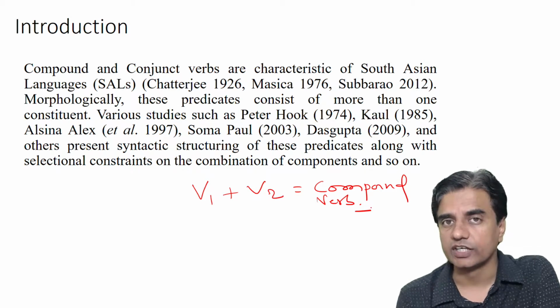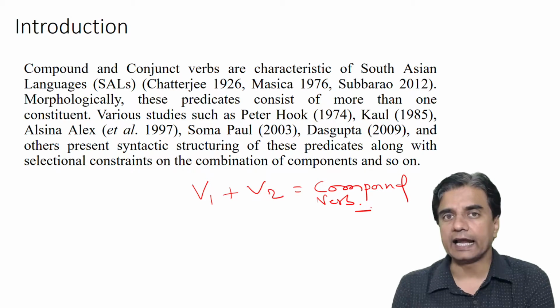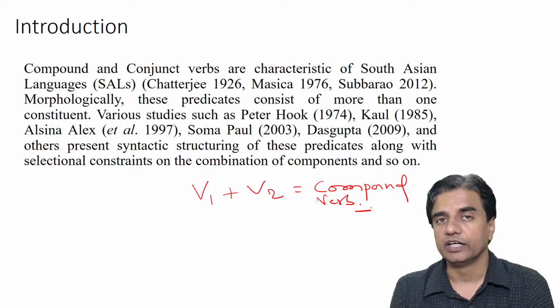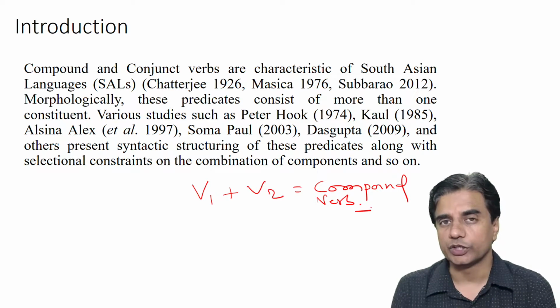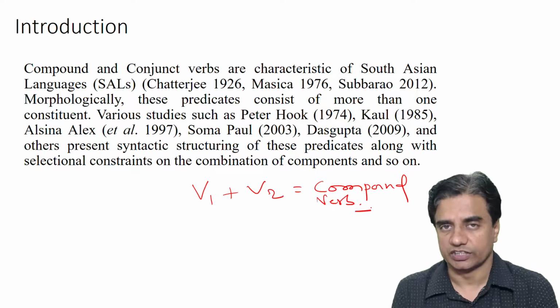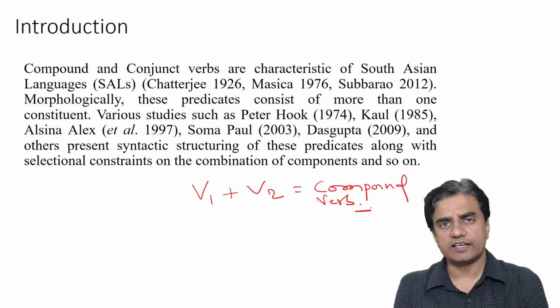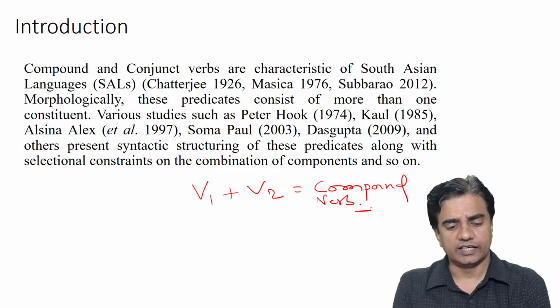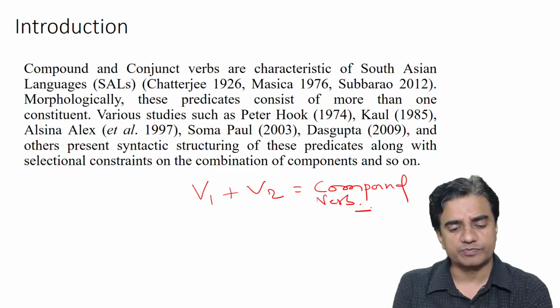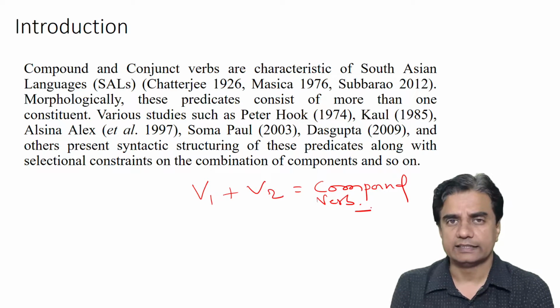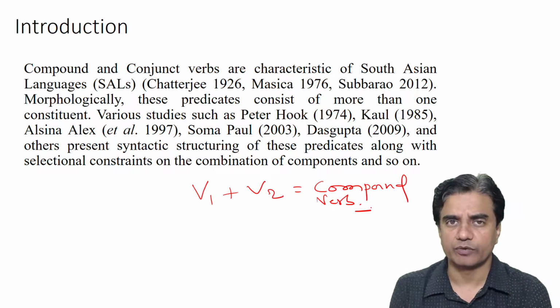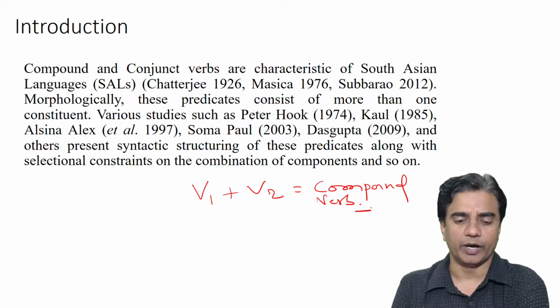In other words, we cannot have a random collection and compose them by putting two verbs next to each other as part of compound verbs. So languages have certain restrictions. There are certain kinds of verbs which become V1, and there is yet a smaller number of verbs which become part of V2.